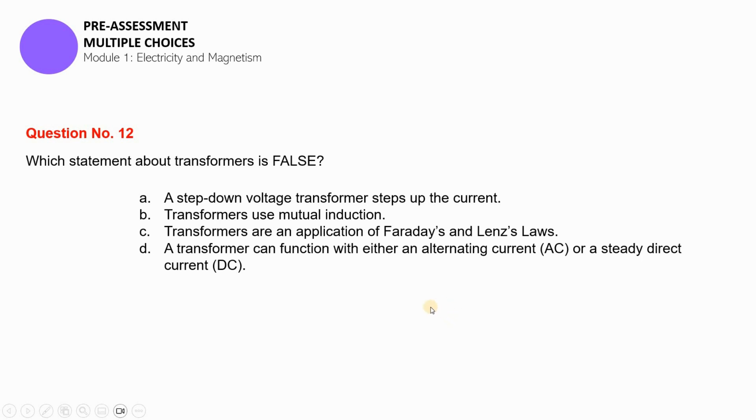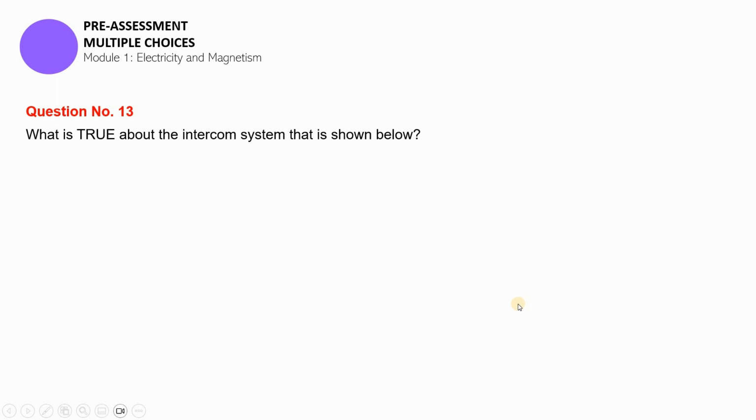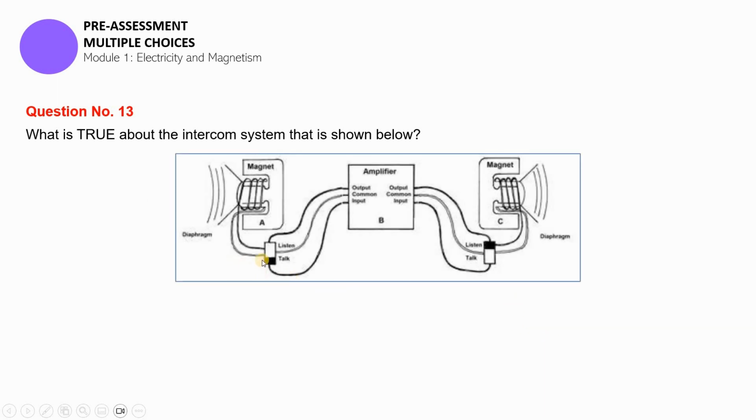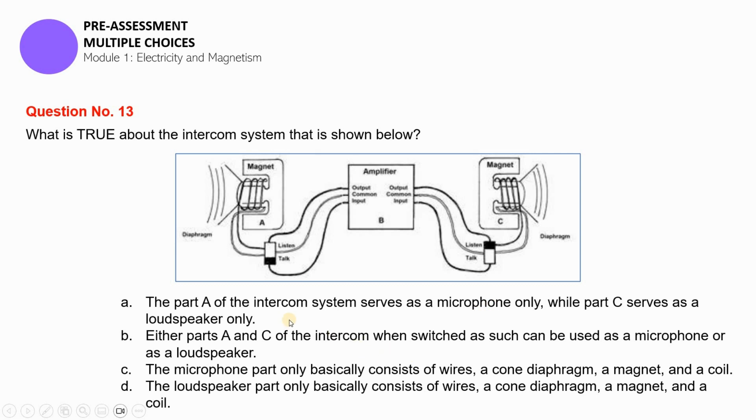If you are done, let us proceed to the next question. Question number 13. What is true about the intercom system that is shown below? Your options are: letter A. The part A of the intercom system serves as a microphone only, while part C serves as a loudspeaker only.